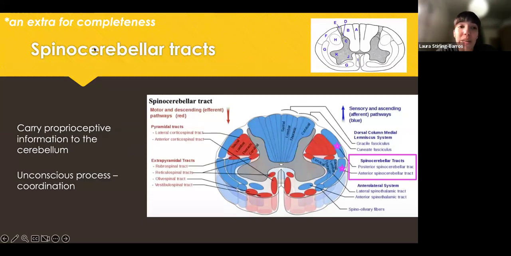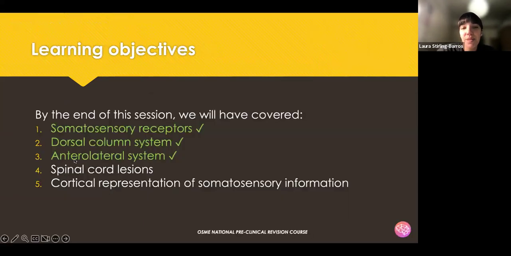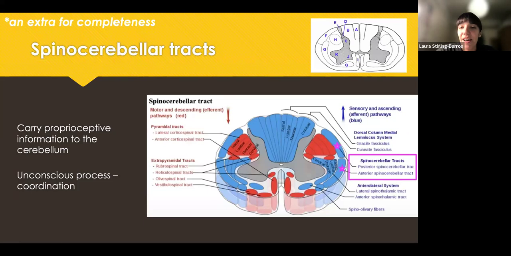These are to do with proprioception, from the spinal cord to the cerebellum, which is to do with integrating signals, one of them being proprioception. And this is an unconscious response. I would say that this diagram is definitely worth learning for the Part A exams.